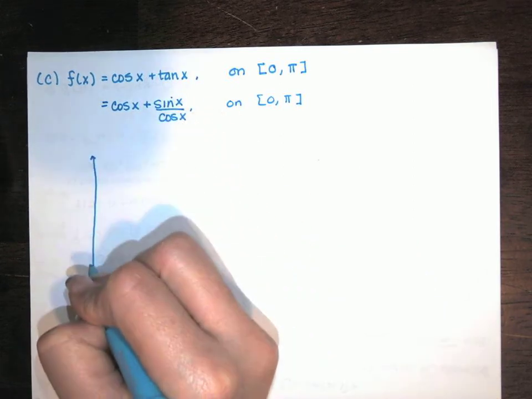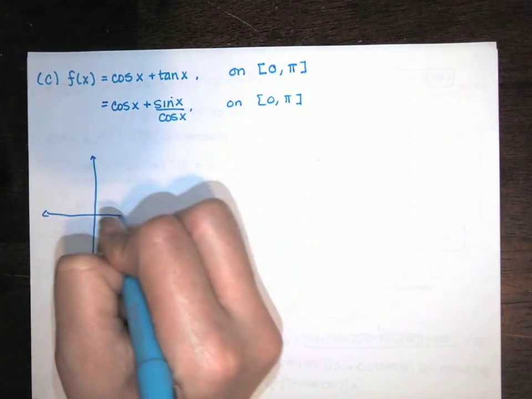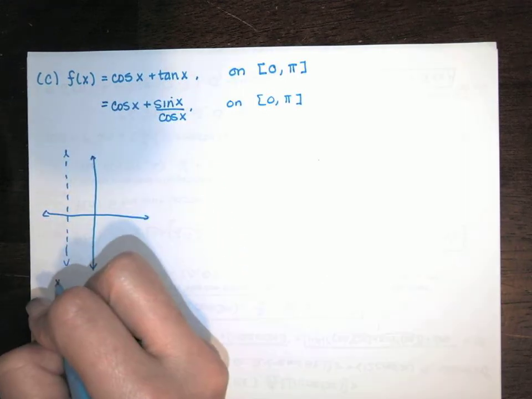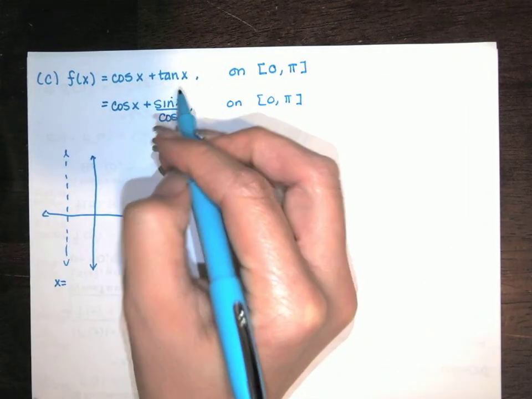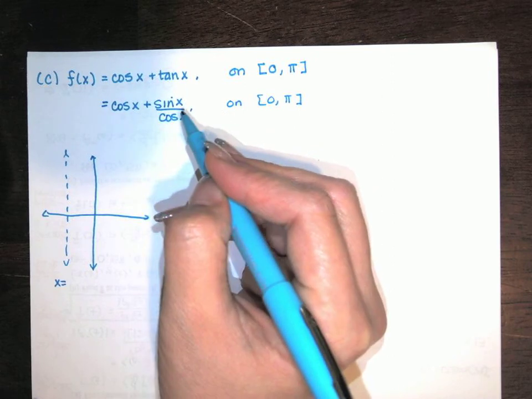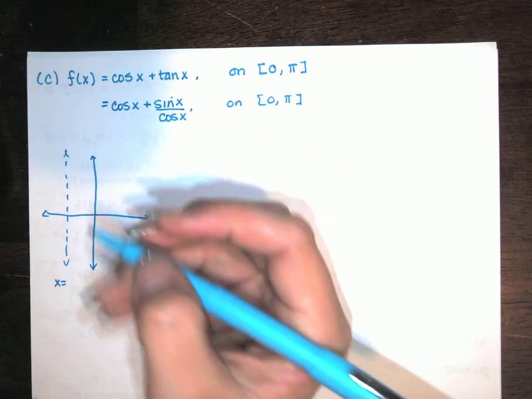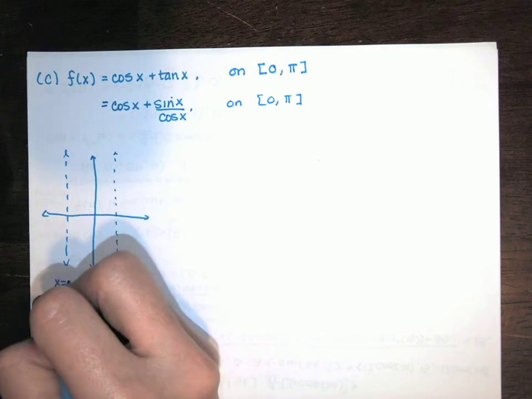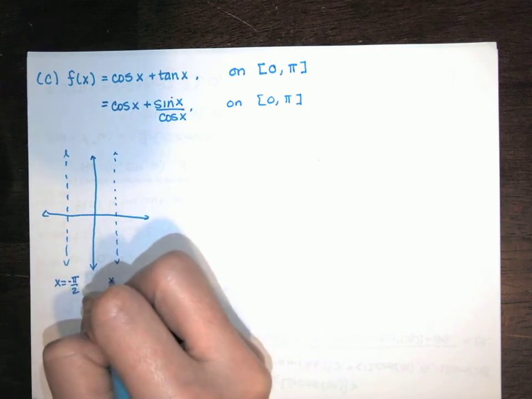So this is not cosine plus tangent, this is just tangent. The tangent function has vertical asymptotes every time the cosine of x equals 0. And cosine of x equals 0 at all of the odd multiples of pi over 2.